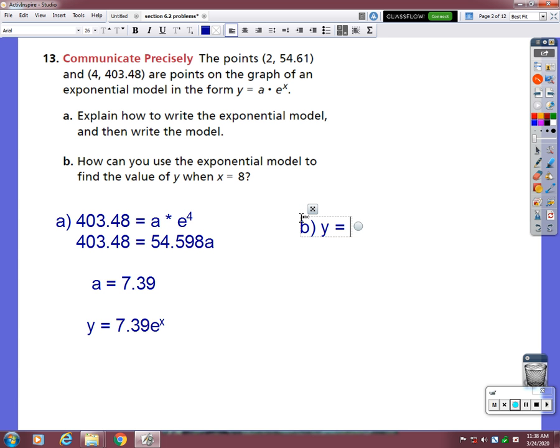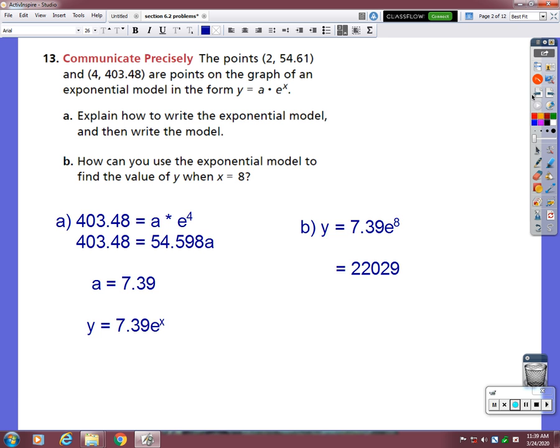I just plug 8 in for x, so y equals 7.39 e to the 8th. And then I get on the old calculadora and go 7.39 e to the 8th, 22029, with some decimals nobody cares about.